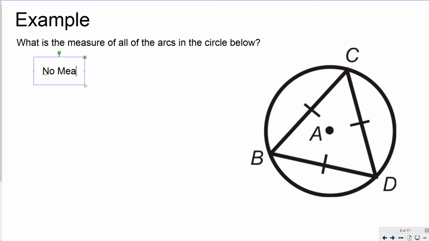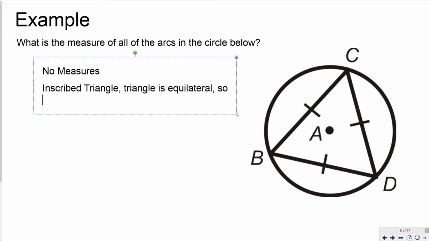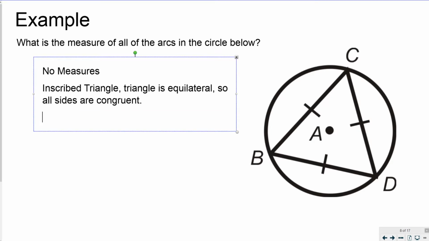So no measures, inscribed triangle, and triangle is equilateral. So all sides are congruent. And then I think I also noticed that BC, CD, and DB are all chords.